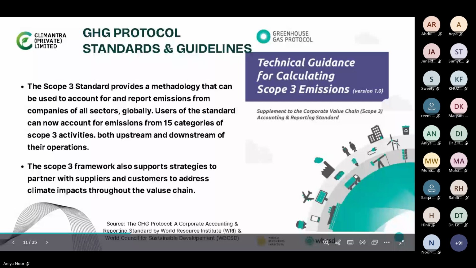Upstream is basically all the steps before entering your company or organization, and downstream is after your organization, once the product is made and it has left you. Okay, it's good to see so many comments. So the Scope 3 framework also provides you the strategy for how suppliers and customers have to address the climate impacts through the value chain.